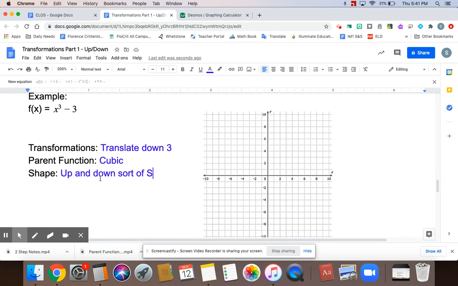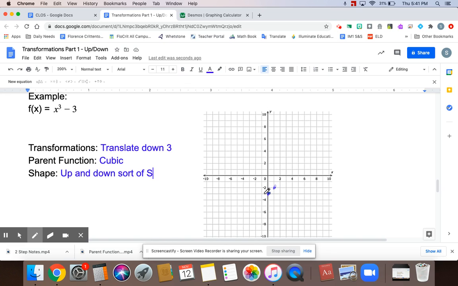So if I want to graph this, I'm going to take my vertex. I'm going to translate it down 3. So from 0, 0, I'm going to go down 1, 2, 3, and put my first dot. Then for the cubic, when you go right 1, you go up 1.